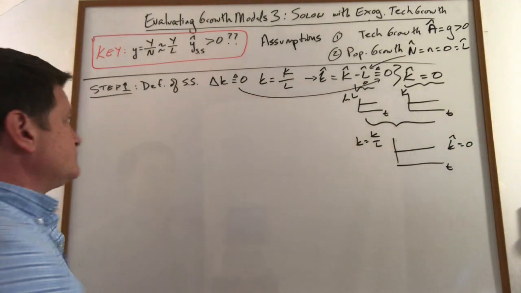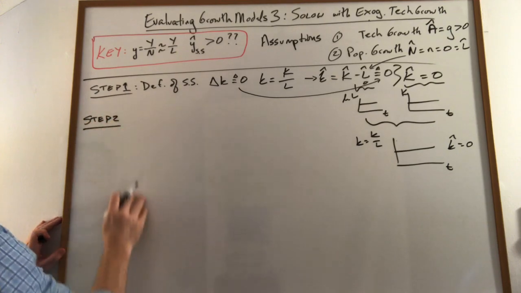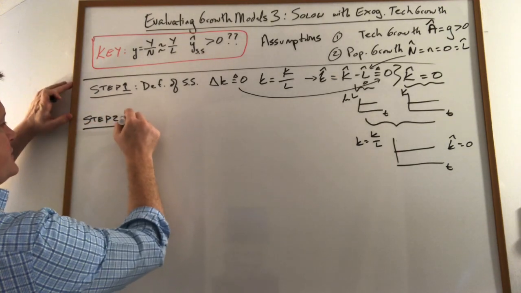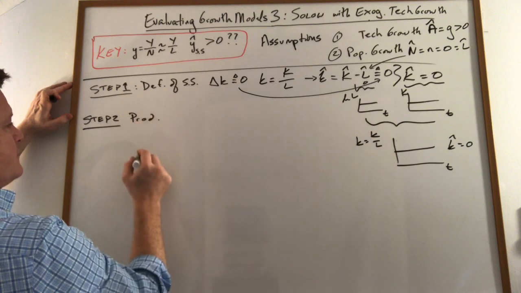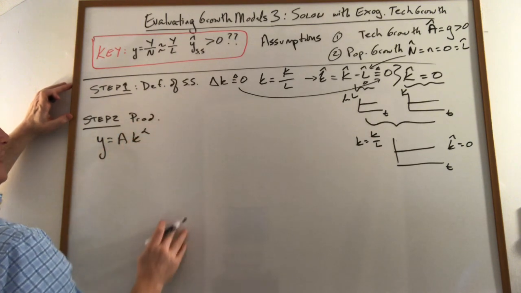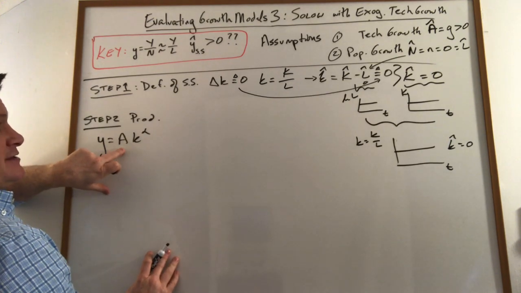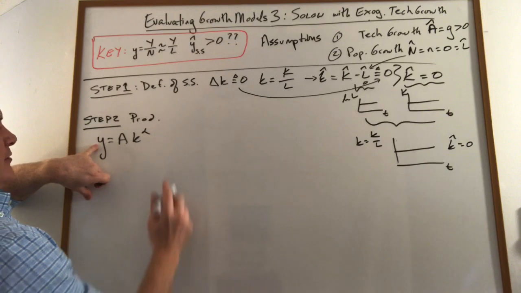Now, step two uses the production function, and we look at production in this economy. It's K to the alpha. The A is right in there, and since it's growing, this is going to be growing.